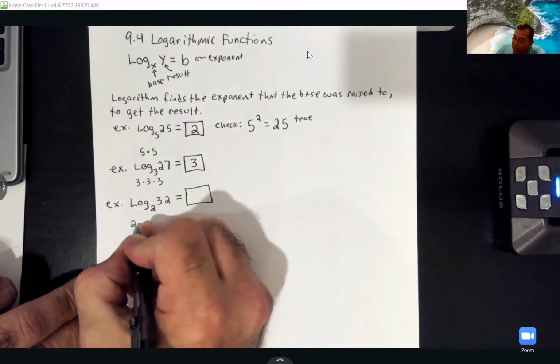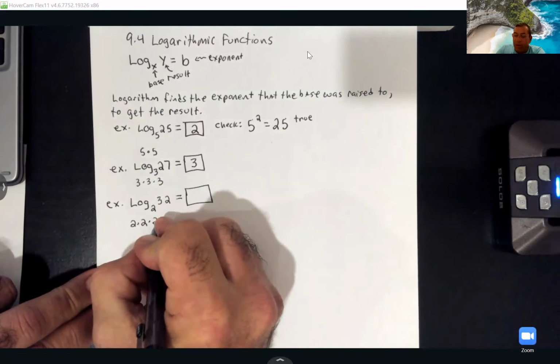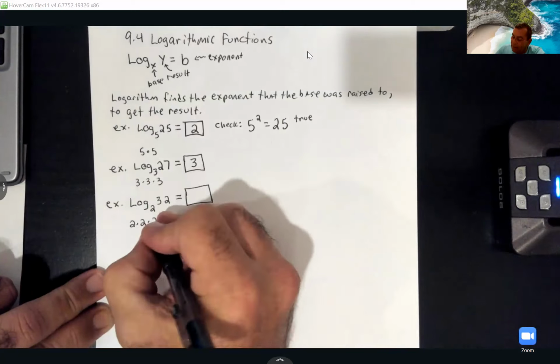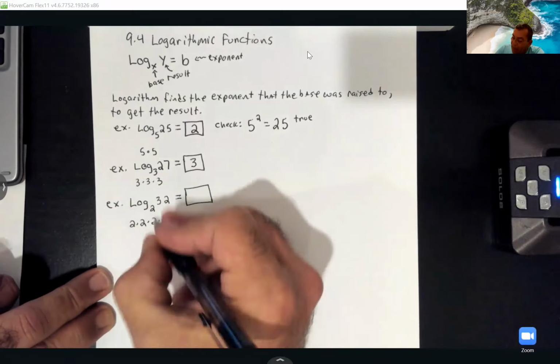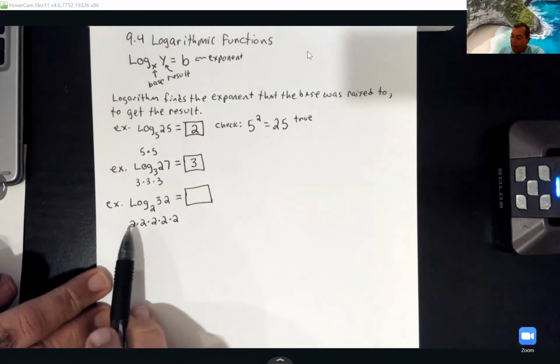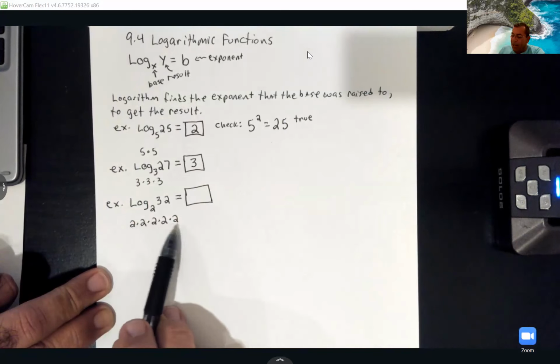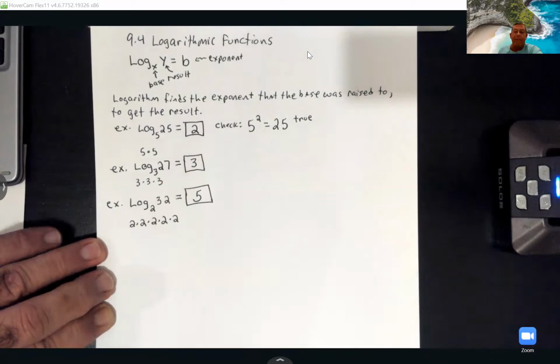So we would do what? 2 times 2 would give me 4. Times 2 gives me 8. Times 2 gives me 16. And then times 2 gives me 32. So y'all, that 2 had to get multiplied 5 times. So that exponent would be a 5.